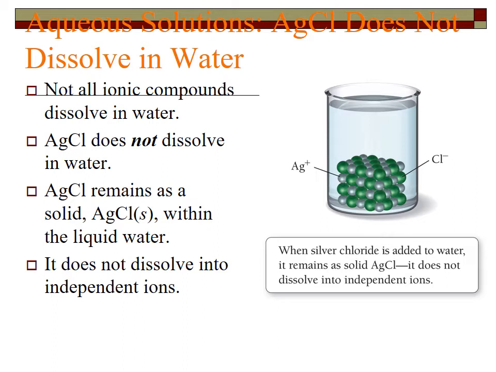It's not aqueous. The one before, silver nitrate, is aqueous, meaning it dissociates into its ions. In this case, silver chloride does not dissolve in water, so it's a silver chloride solid. There are no ions in that particular solution.